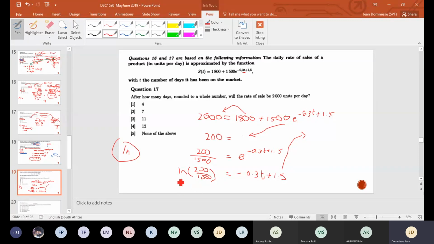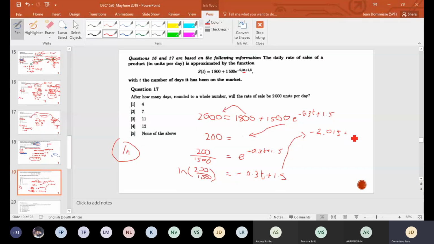If I take ln of the 200 divided by the 1500, I get minus 2.015.